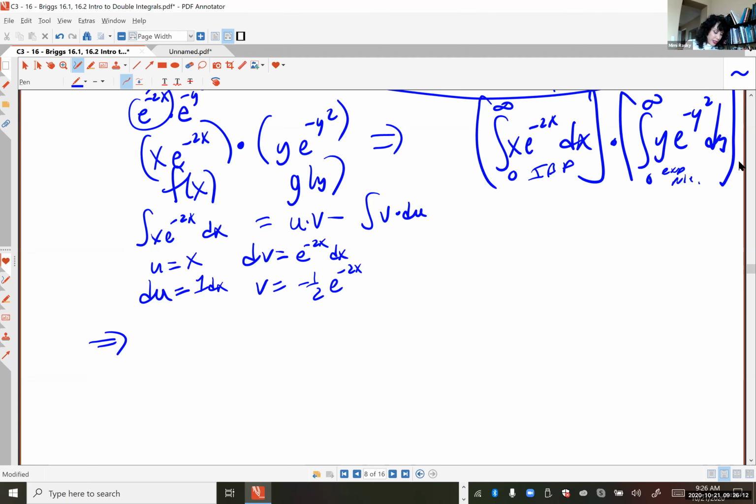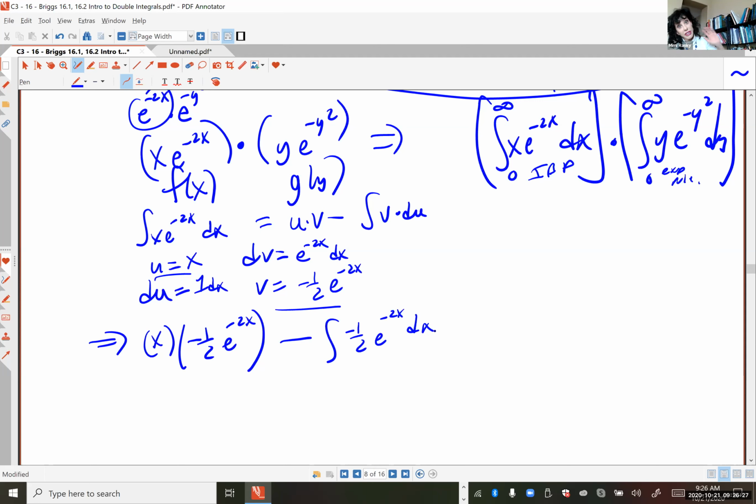Okay, and so then you're going to go u times v, so x times negative a half e to the negative 2x, minus the integral of v du. Now, I'm not evaluating at the limits yet. I'm going to hold off until I get the full antiderivative.